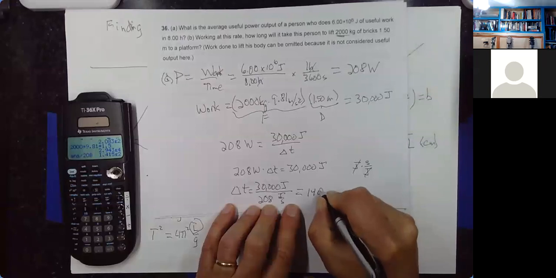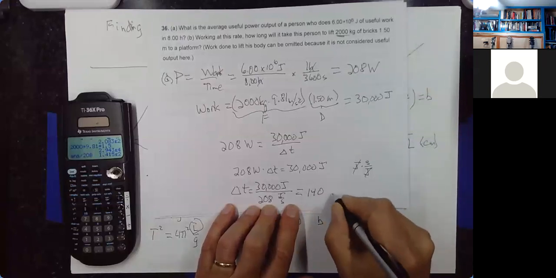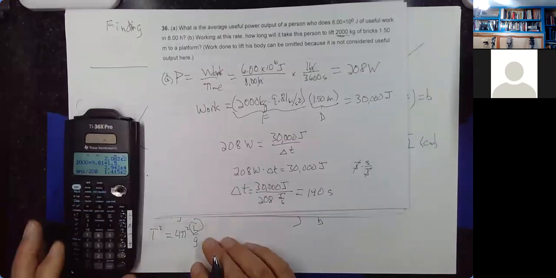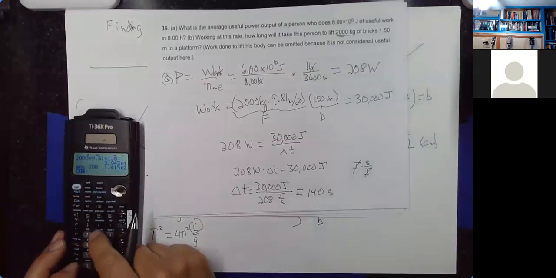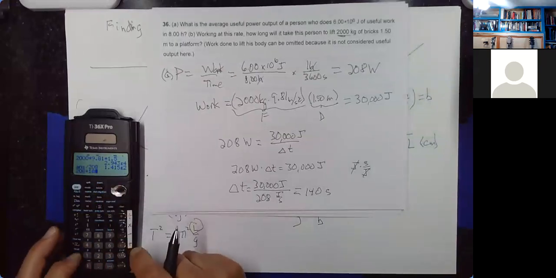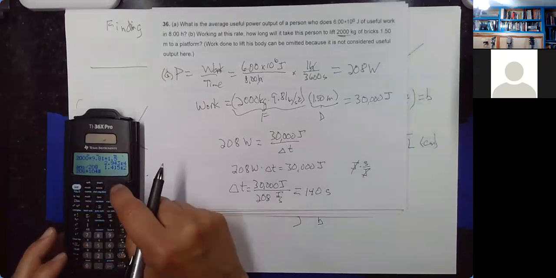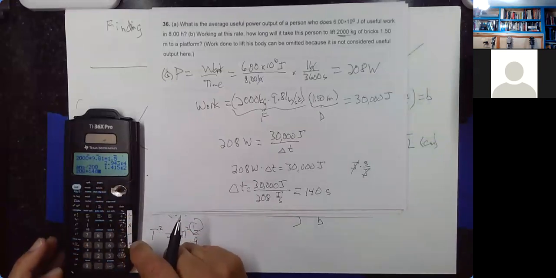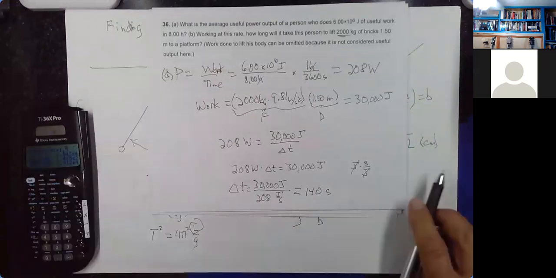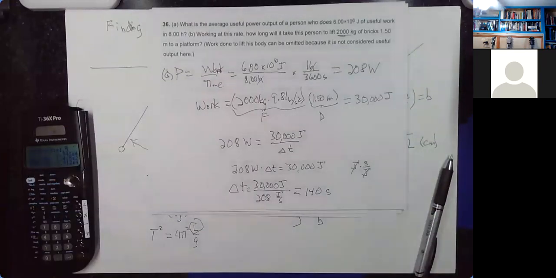Now that's keeping two significant figures, so that's pushing things a little, but only about 140 seconds. Let me check that. I should know better than using different fingers. Yeah, it is about the same. So only about 140 seconds. 2,000 kilograms is a lot of bricks.